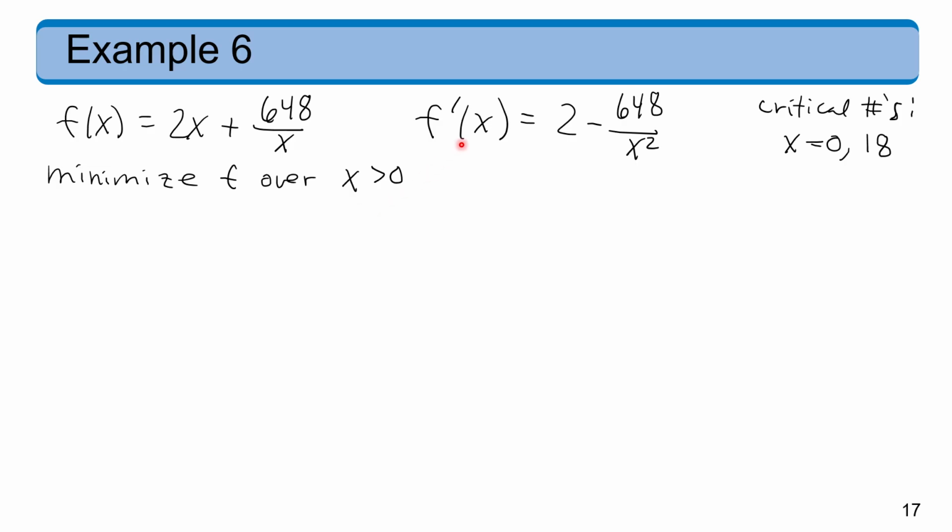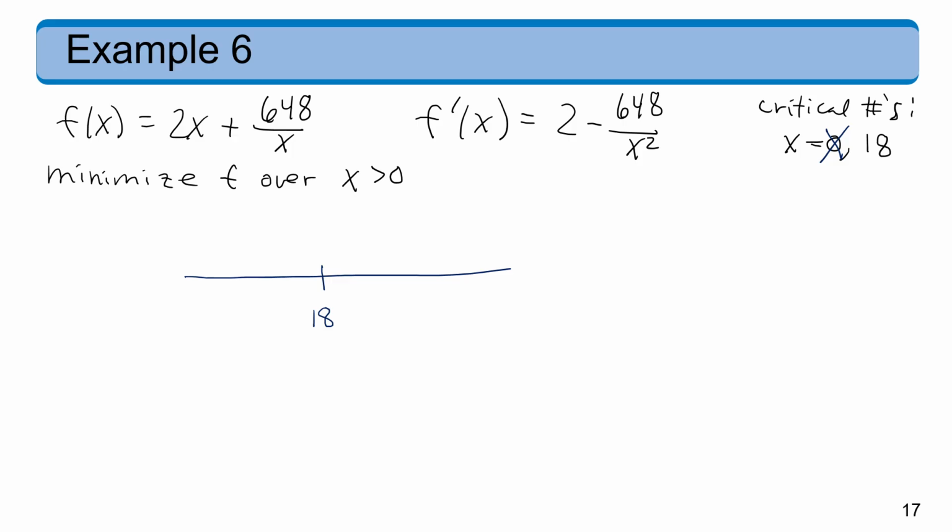And we calculated f prime. We found critical numbers, but notice one of them, 0, is not in the interval that we're considering. So we can throw out 0. So now we're ready for the number line method. So we make our number line. We only have one critical number, it's 18. So we have two subintervals.